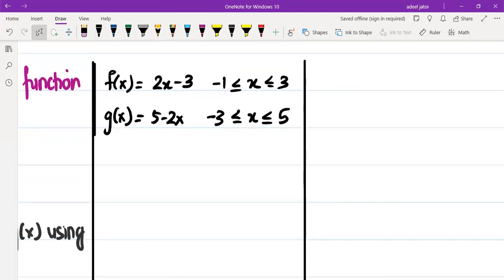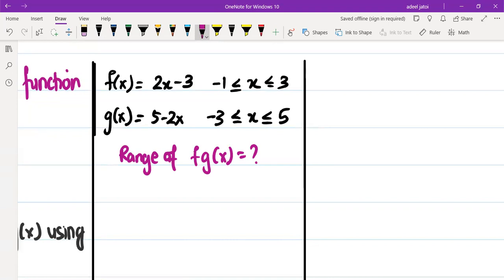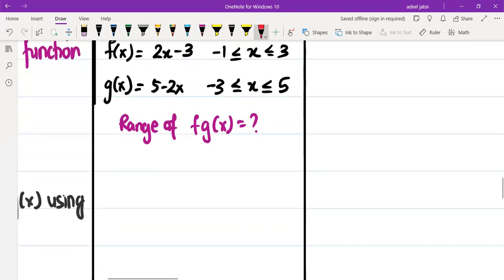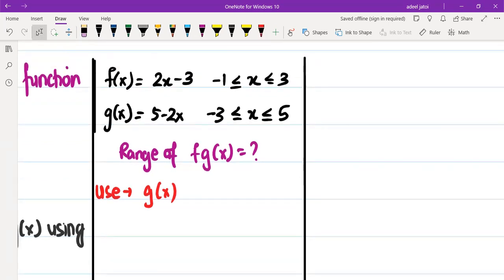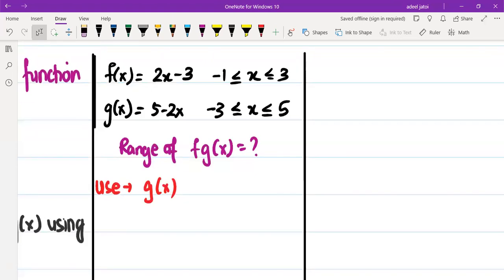And the question says range of f(g(x)). So what we're going to do is use g(x) first, because this will be used for the range of f(g(x)). We'll be finding the range of g(x) through the domain.